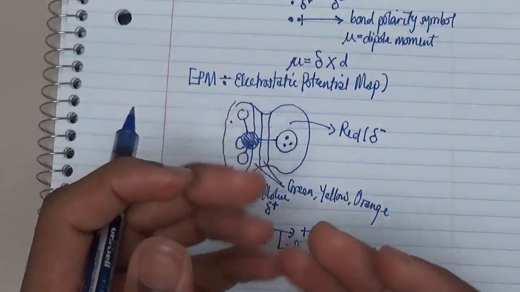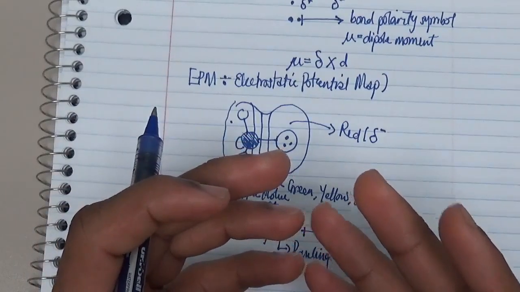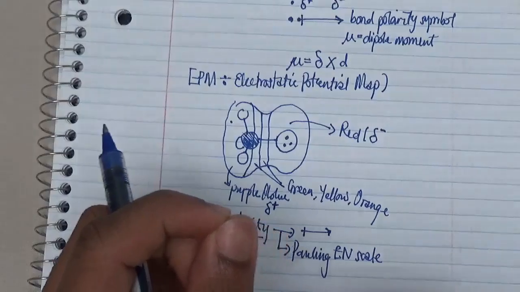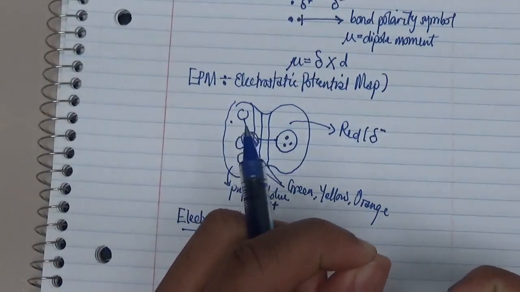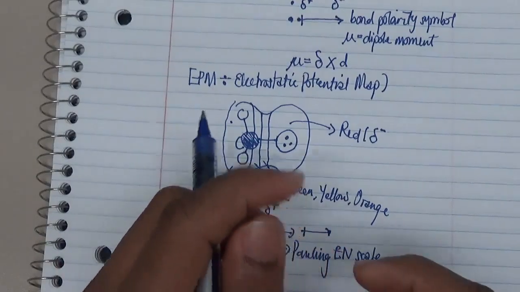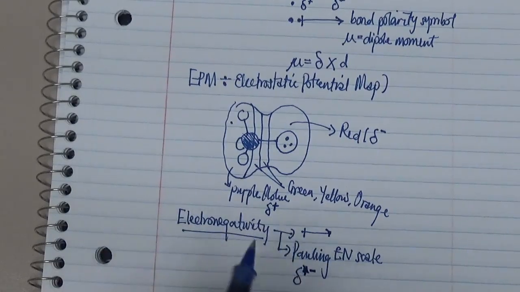What we know is that the more electronegative the element, the stronger the attraction of the bonding electrons towards that element, therefore giving that element a partial negative charge overall.